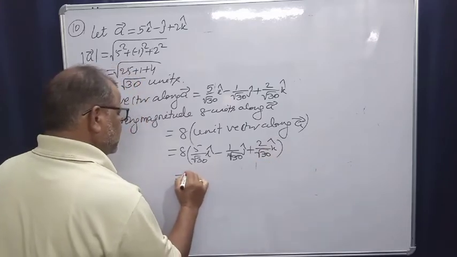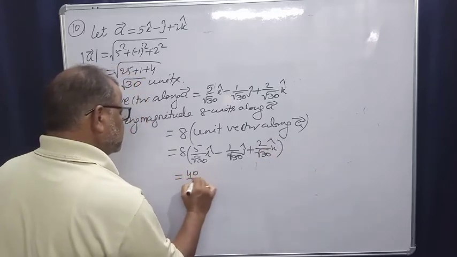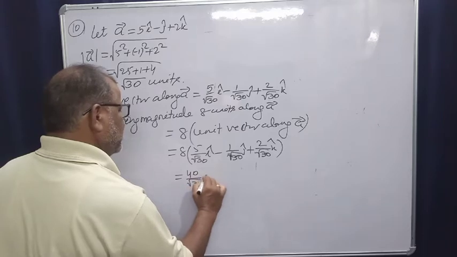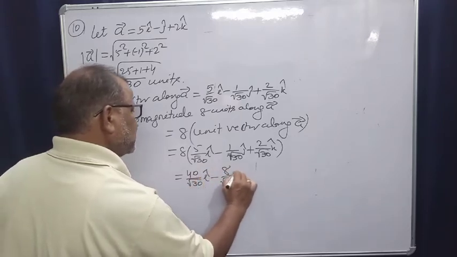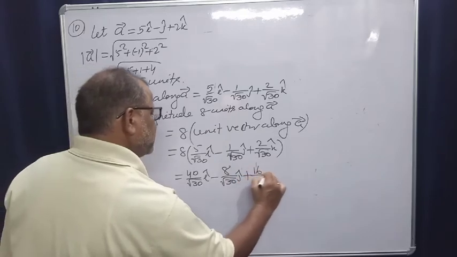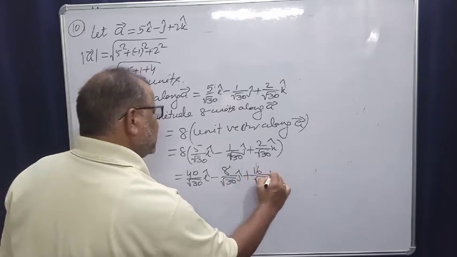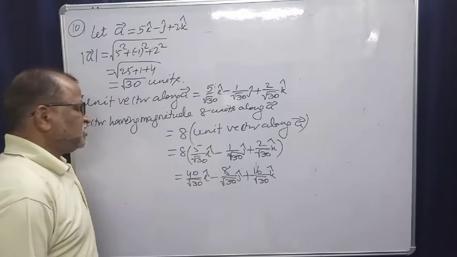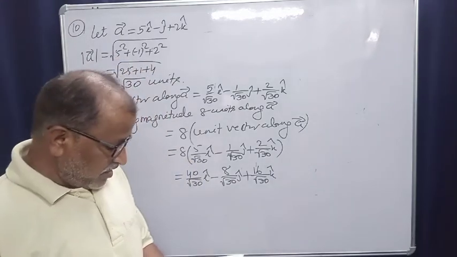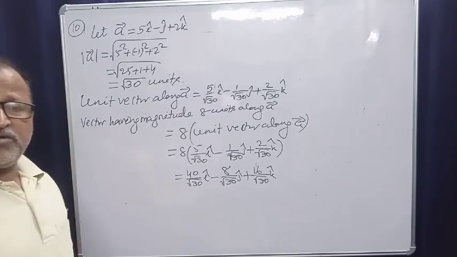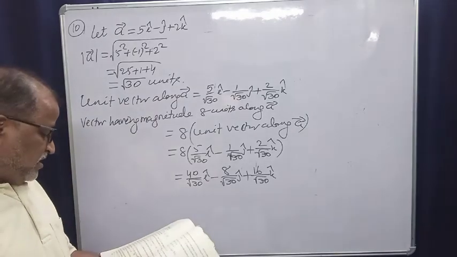So this is 40 by square root of 30 i cap minus 8 by square root of 30 j cap plus 16 by square root of 30 k cap. This is the vector along the direction of A, along the given vector, having magnitude 8 units.